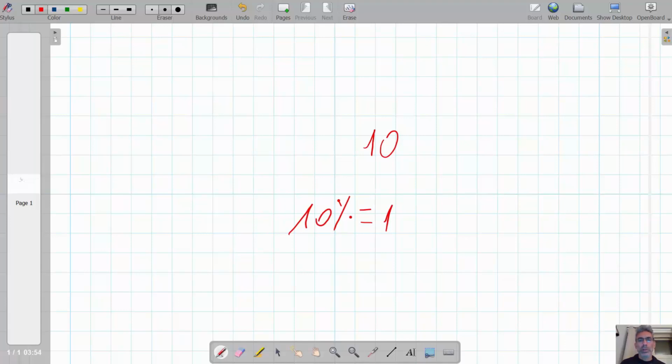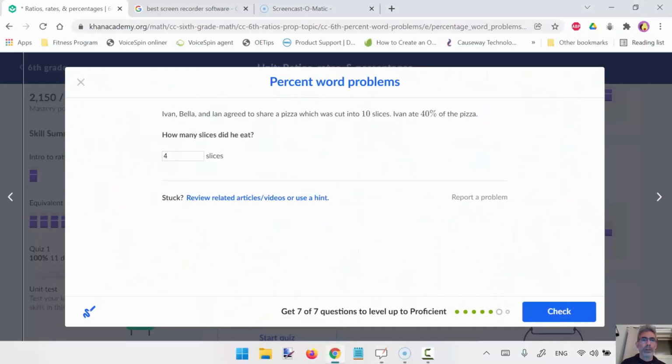So if 10% is 1, 40% is 4, because 40% is 4 times bigger than 10%. So if we go from 10% to 40%, we multiply 1 by 4, we get 4. So this is 4 slices.